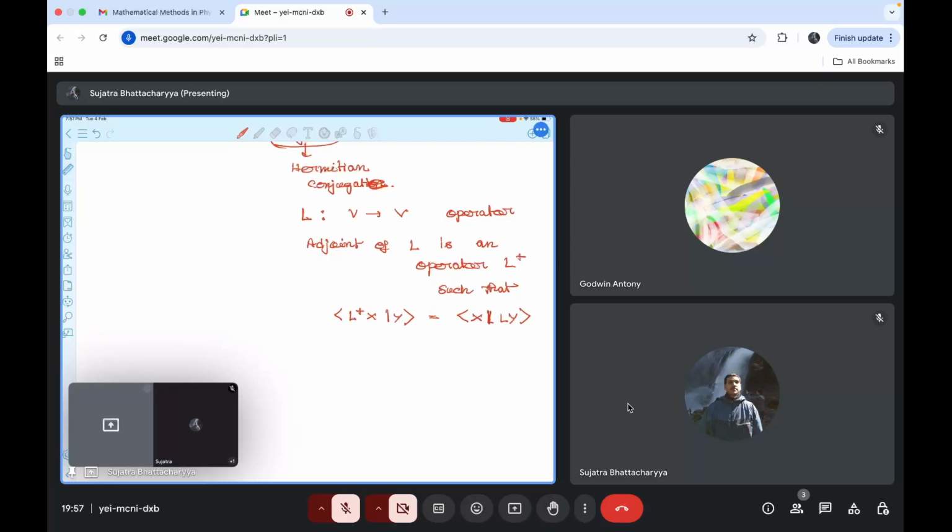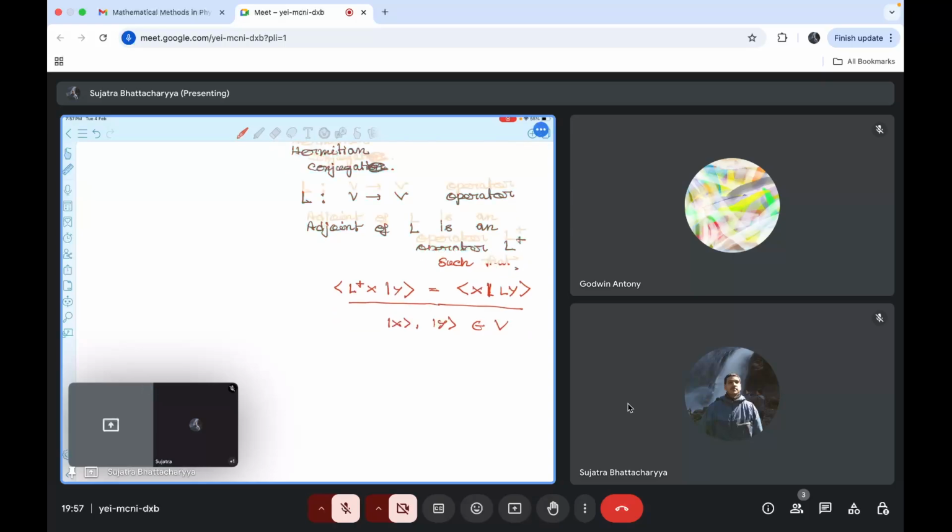So L is a linear transformation or linear operator. The adjoint of this linear operator is L dagger, which is also an operator, such that we can write this expression. Of course, x and y are some vectors from the vector space.